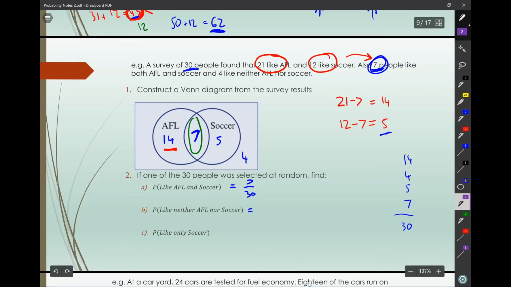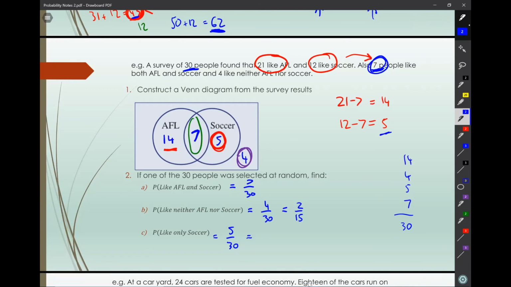That's out here. 4 people like neither sport, so the probability is 4 over 30, or 2 over 15. And the probability of liking only soccer, that is, remember, these 5 people here. Those 5 people like only soccer. And it's always good to simplify your probabilities as much as you can.